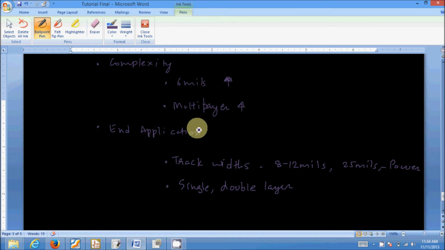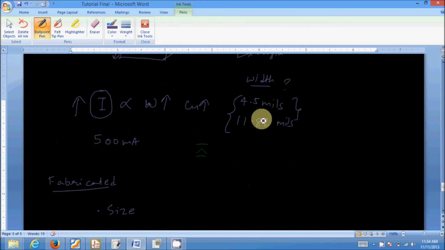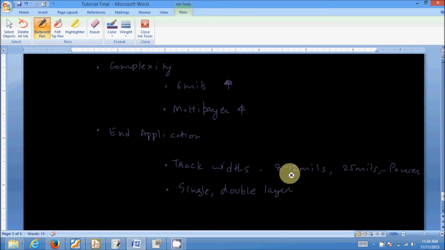So what we had determined here was the required track width was about 4.5 mils, but we're using a track width between 8 to 12 mils for digital lines and 25 mils for power, which is significantly higher than the required ones, and which will not do any harm.